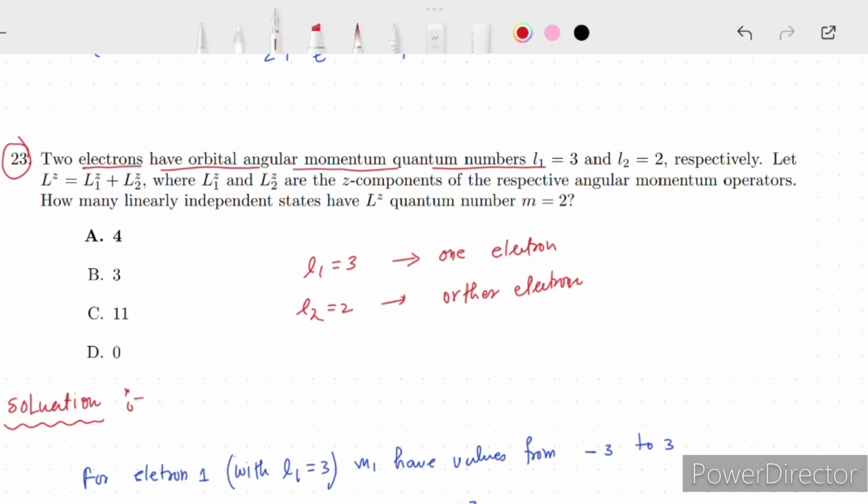Let Lz equal Lz1 plus Lz2, where Lz1 and Lz2 are the z components of the respective angular momentum operators of the two electrons. How many linearly independent states have Lz quantum number m equals 2?